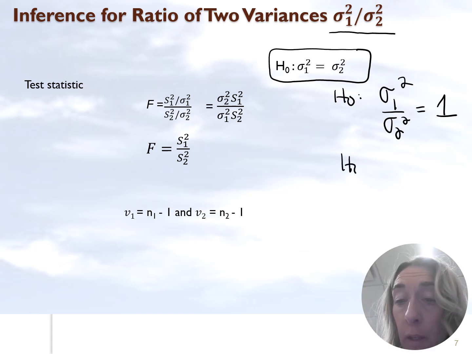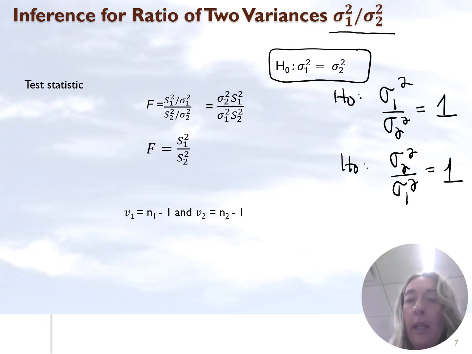Or equivalently, we could write this as sigma 2 squared to sigma 1 squared equal to 1. Either way, in which case you would be dividing by sigma 1 squared on each side of the equality.